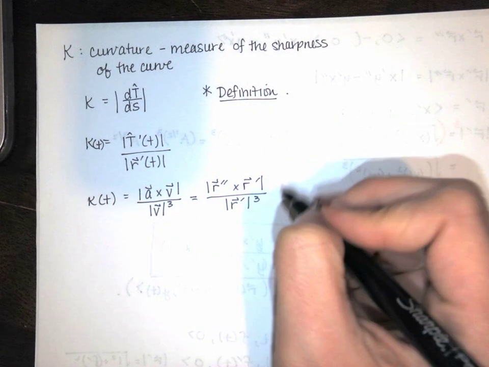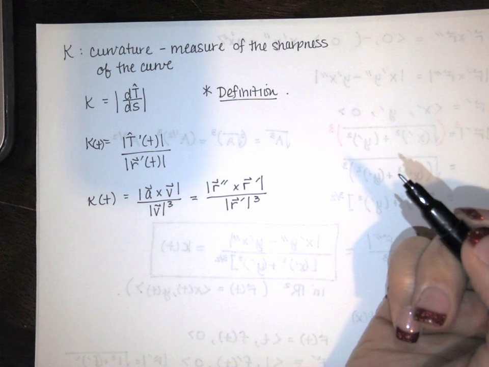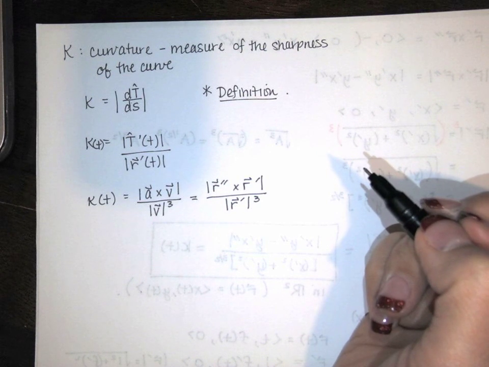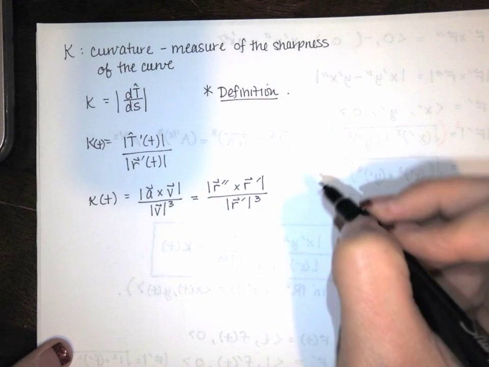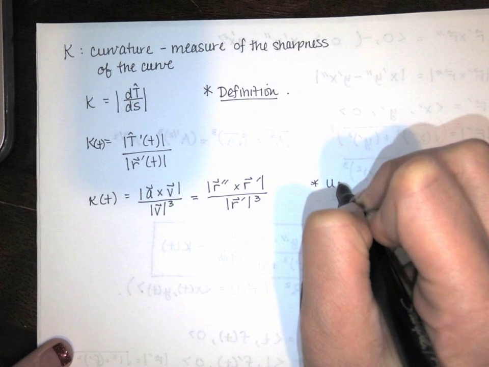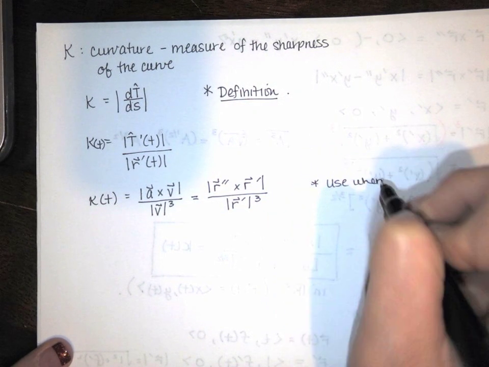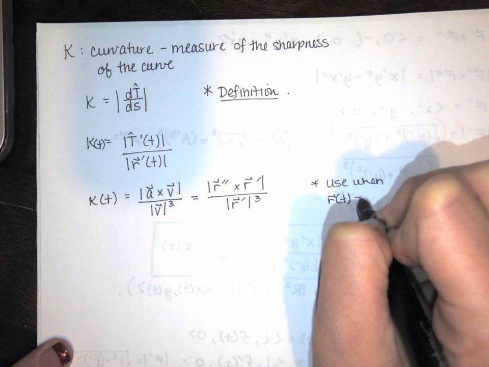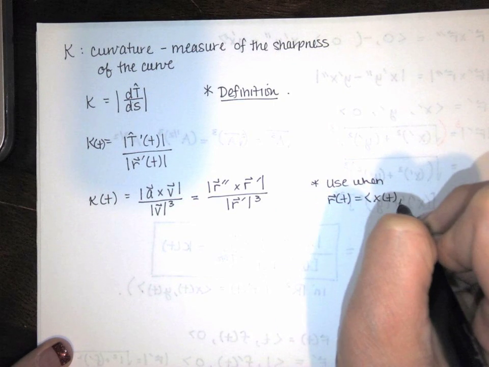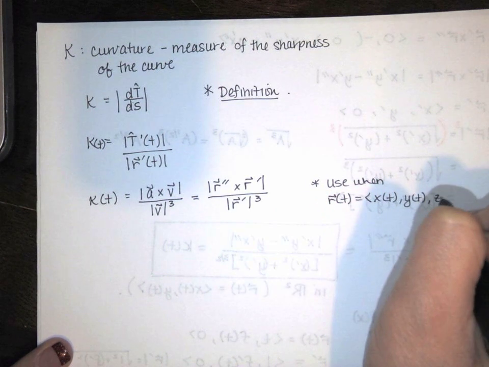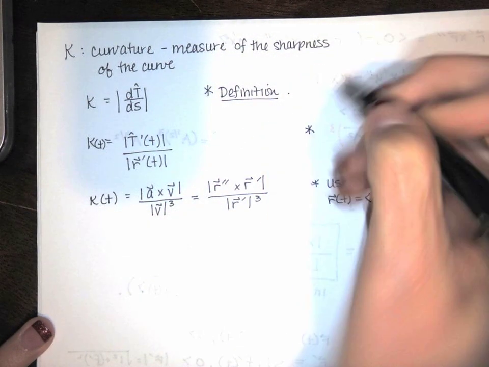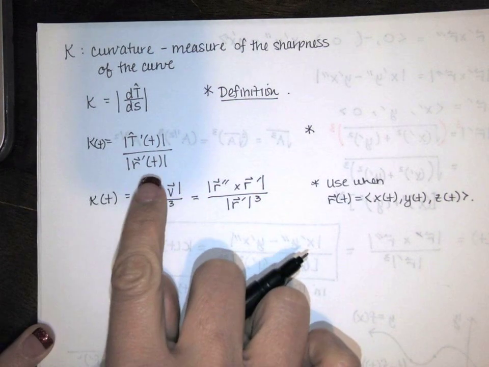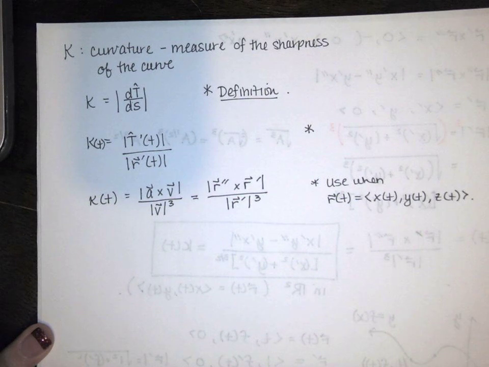So this is what I tend to use if my curve r is in 3D and it has components x of t, y of t, and z of t. So I use this in that case, or I also use this one. And I tend to use this one if I have to calculate the unit tangent.